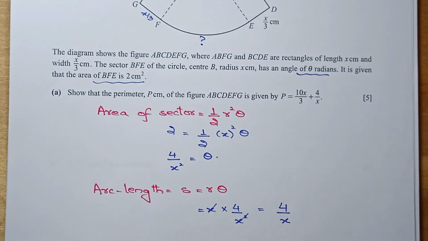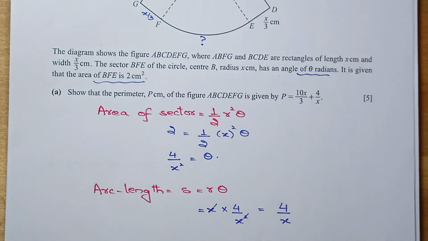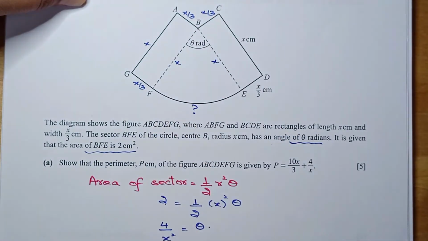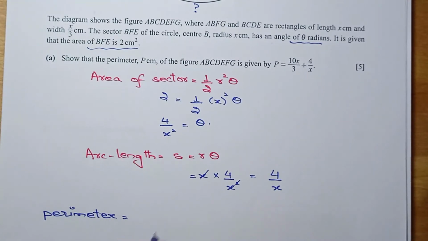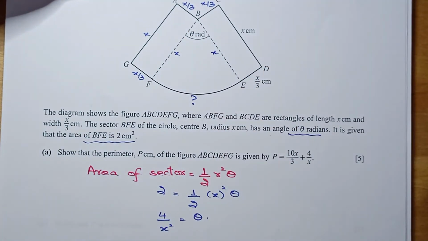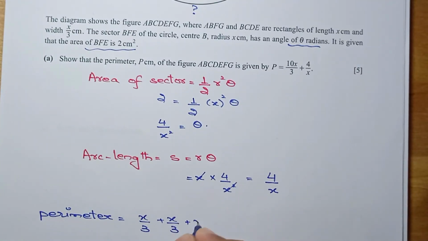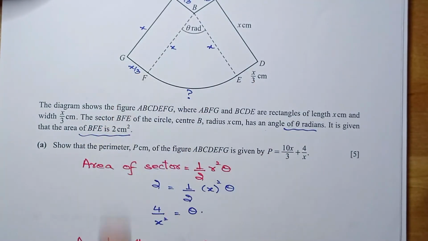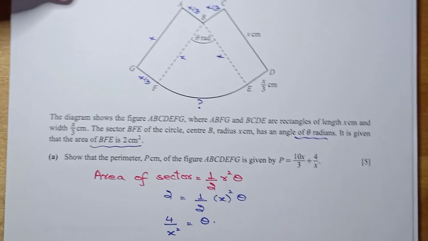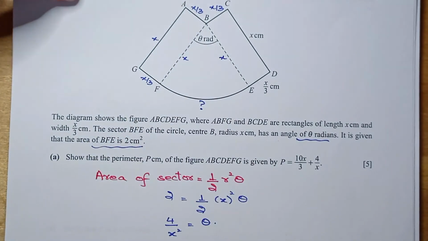Now let me find the perimeter. The perimeter is the sum of all sides of that shape. So let me add. AB is x by 3, BC is x by 3, so we have x by 3 plus x by 3 plus CD is x, DE is x by 3. And then we have EF, which we got as 4 by x, plus FG and then GA, x by 3 plus x.